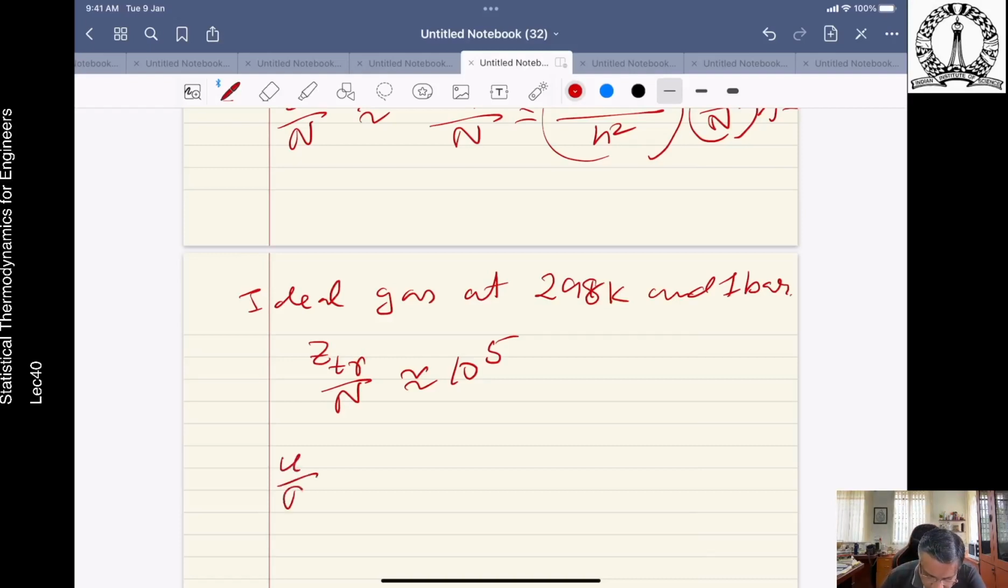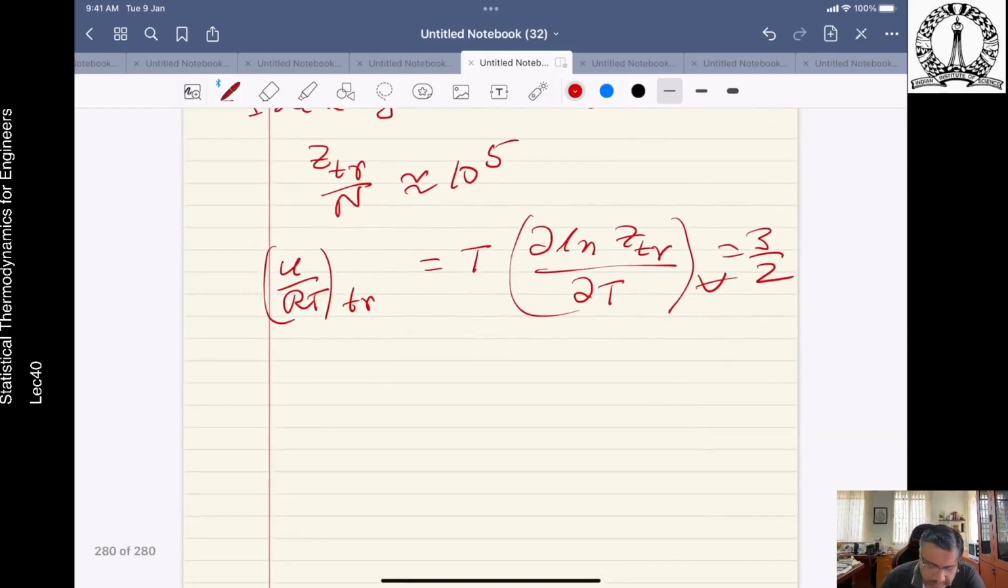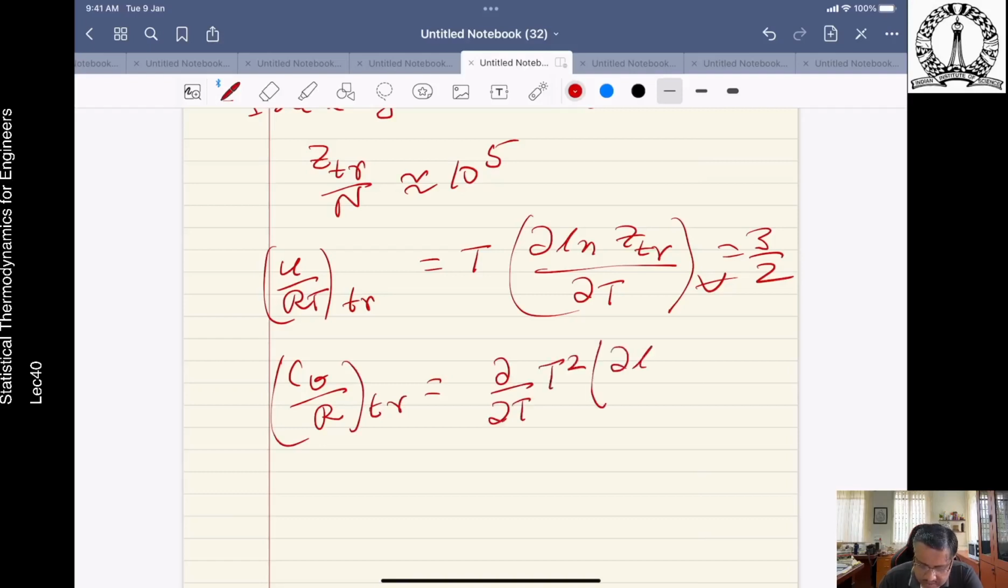So U by RT, the translational component, is T d ln Z translational divided by dT at constant volume. This becomes equal to 3 by 2. Similarly, for specific heat, it is Cv by R translational, it is equal to d by dT of T square d ln Z translational by dT.